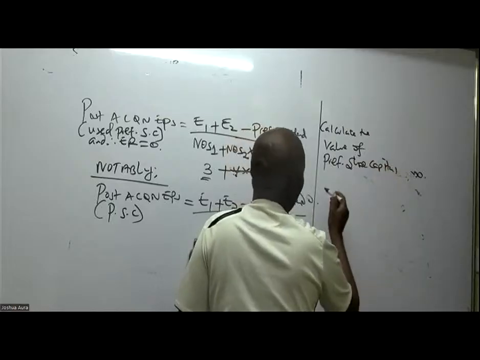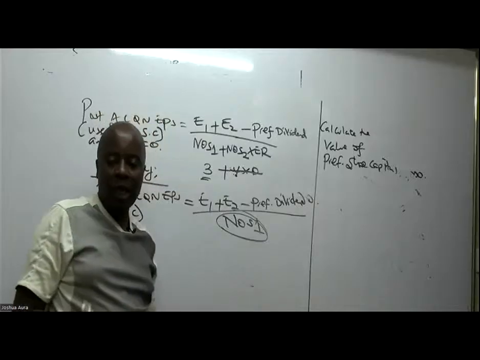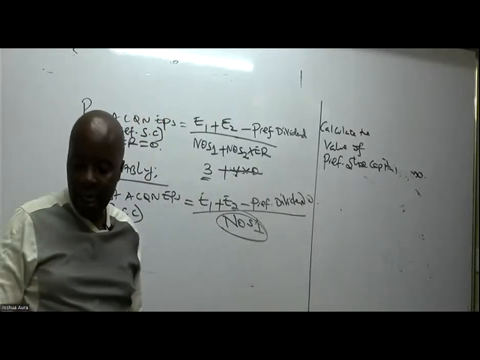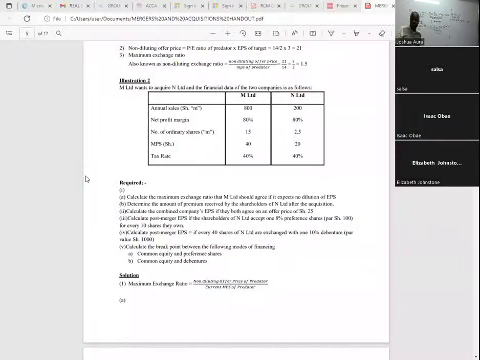The preference share capital value basically depends on the number of shares that I issued. Like here they have told me we issue 1 preference share for every 10 shares they own.